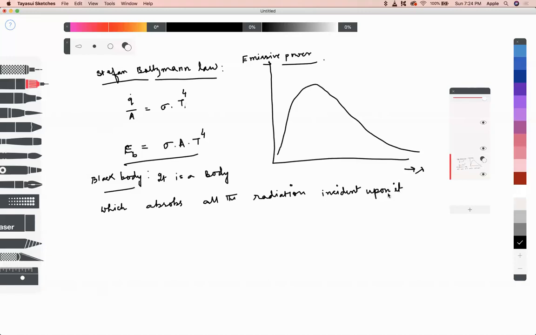Now, what exactly is the emissive power of a black body? Essentially, the area under the curve will give you the emissive power, or total hemispherical emissive power. That's what we want to call it.